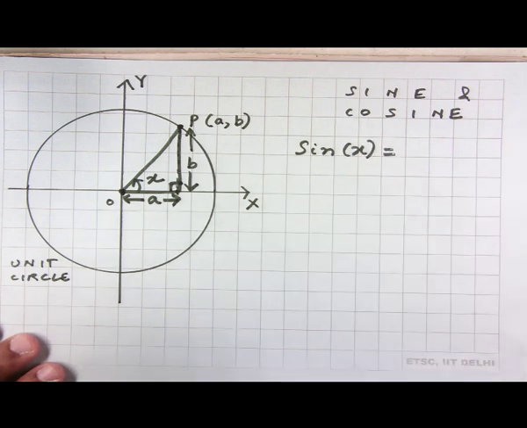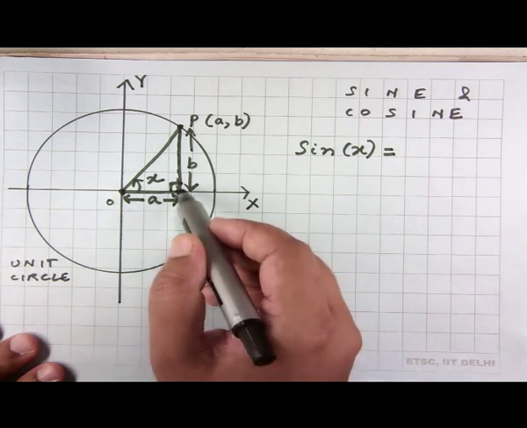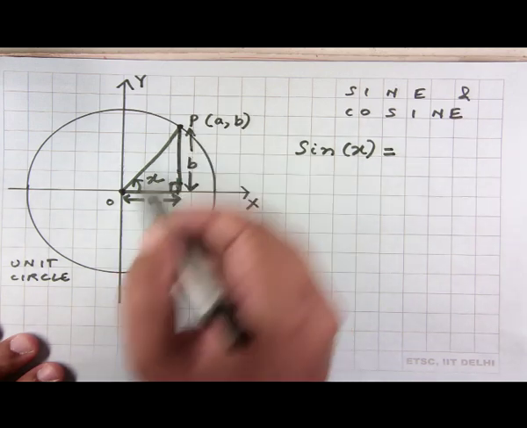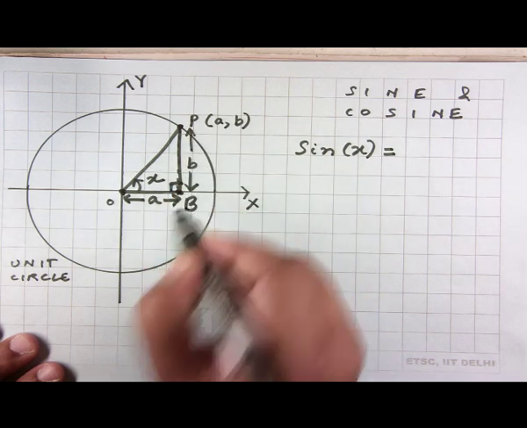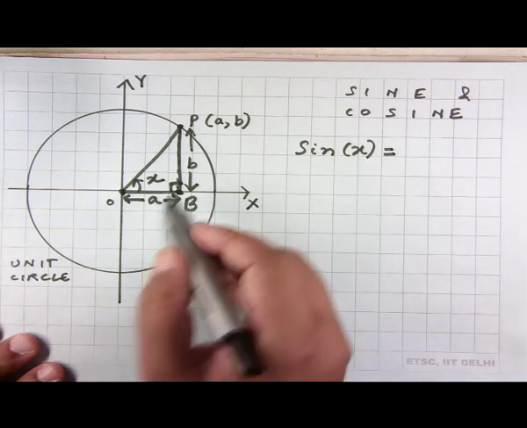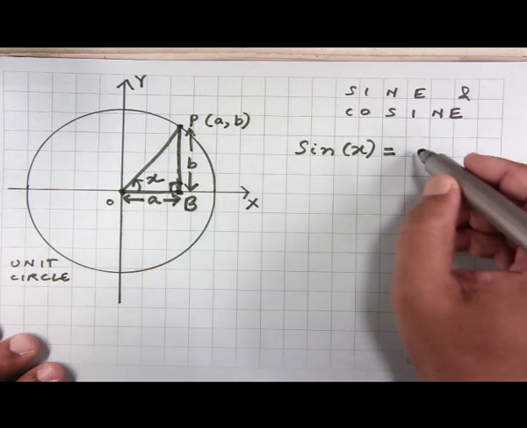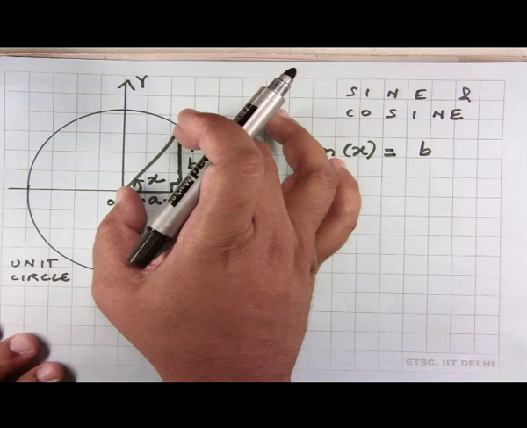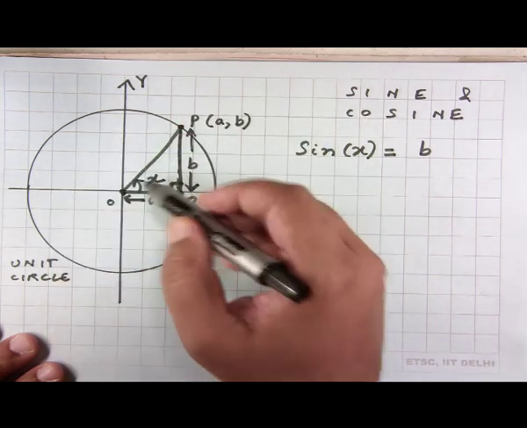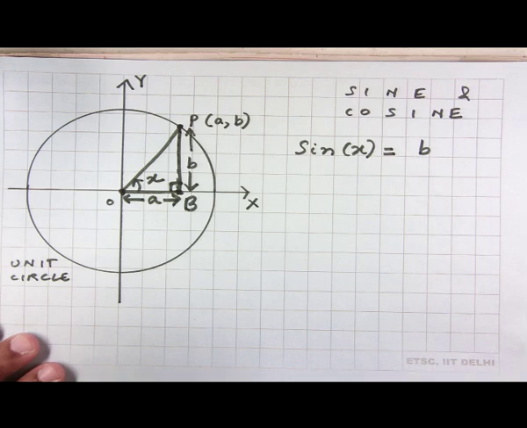So, sin of x will be equal to, as you have already studied earlier, if you look at this triangle O P and let us call this point B, sin of x is equal to B divided by the length of the hypotenuse, but since it is a unit circle, this hypotenuse is of unit length.